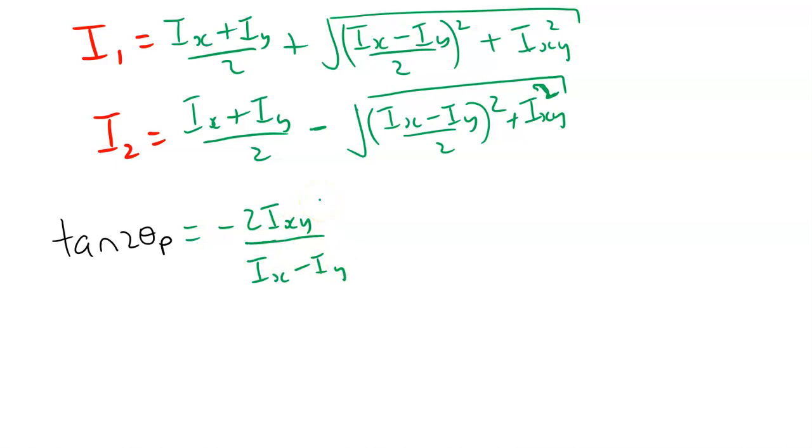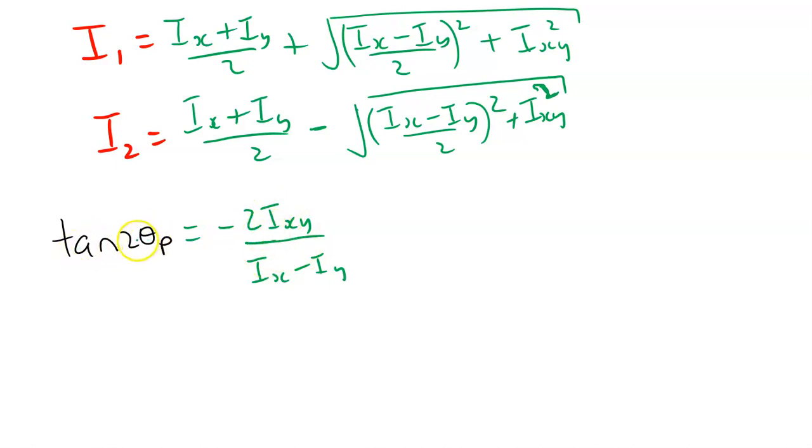It's going to be this expression here. So with respect to the trigonometry, when you find tan 2 theta p is equal to minus, and you substitute your values, you get this value here.